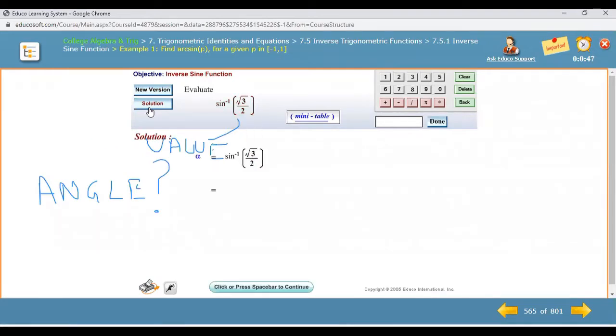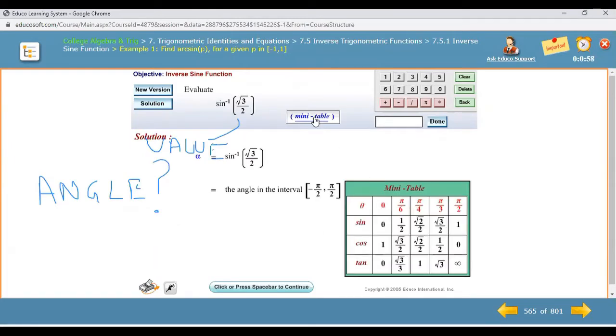So the first thing, alpha is sine inverse radical 3 over 2. Now, the angle in the interval -90 to +90, whose sine is radical 3 over 2. If you check the mini table, the sine of pi over 3 is radical 3 over 2, and pi over 3 is actually 60 degrees.